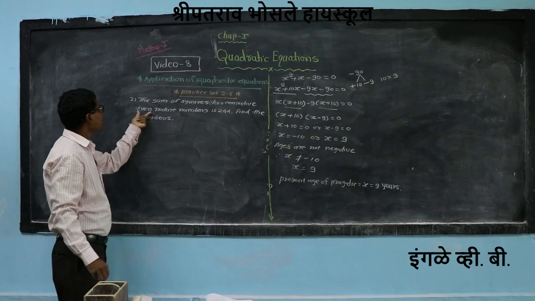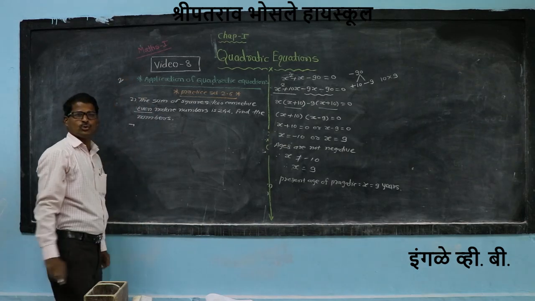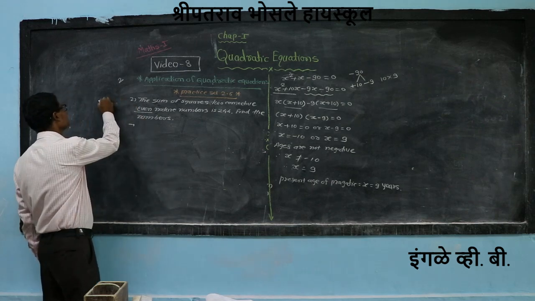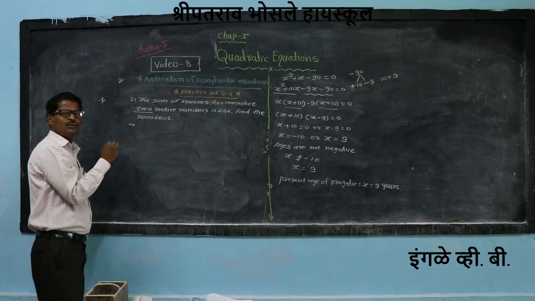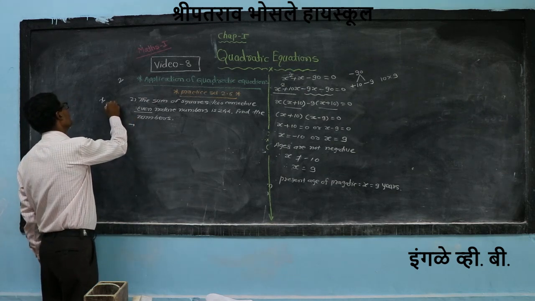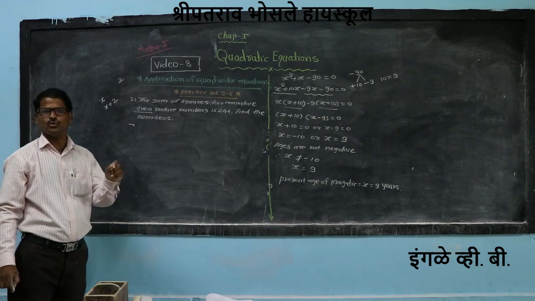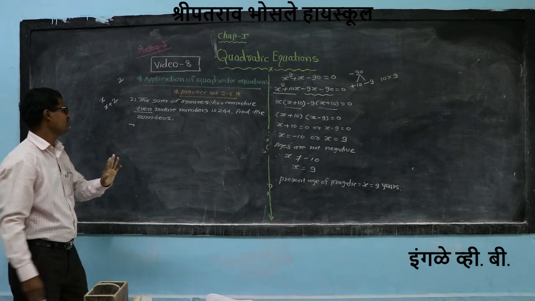Now the difference between even natural numbers is always 2. If we take the first even number as x, then the consecutive even number is x plus 2, because the difference between any two consecutive terms is always 2.